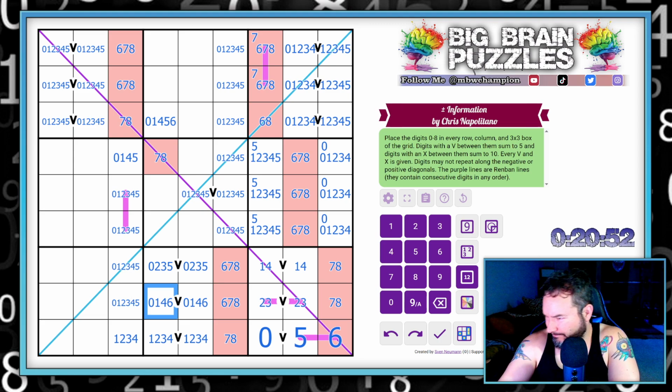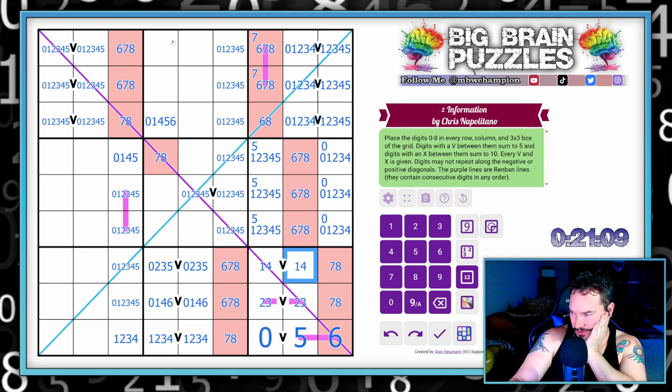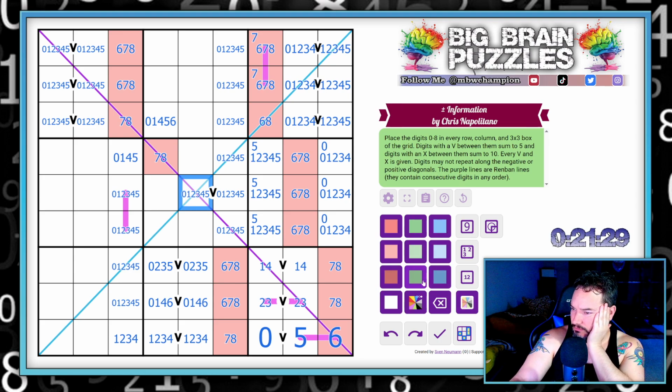I don't know if I want to start doing other colors because what I'm trying to think is, whatever this is, let's just say it's a 4, right?